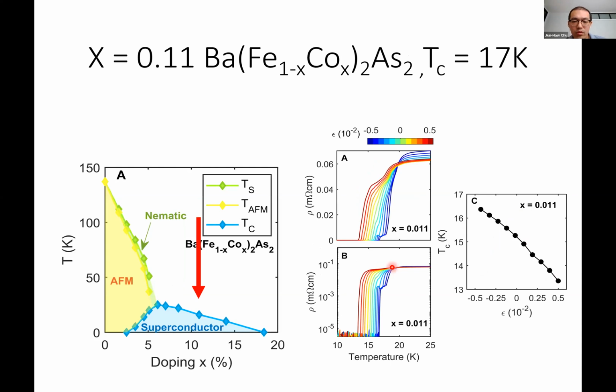And then when you go to even more overdoped samples, around 11%, with a TC around 17 Kelvin, you don't even see this symmetric suppression for both compressive and tensile strain. What you see is that the TC just changes linearly with strain, and this is more like the pressure effect, where when you're squeezing or pulling a crystal, the A1g symmetry mode controls the TC.